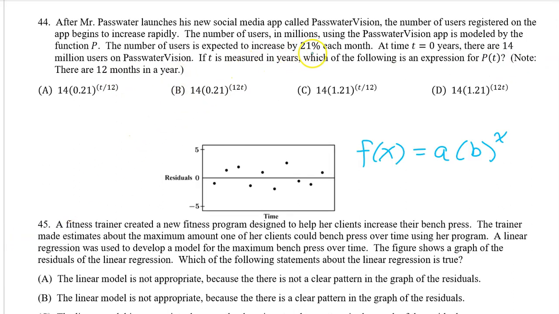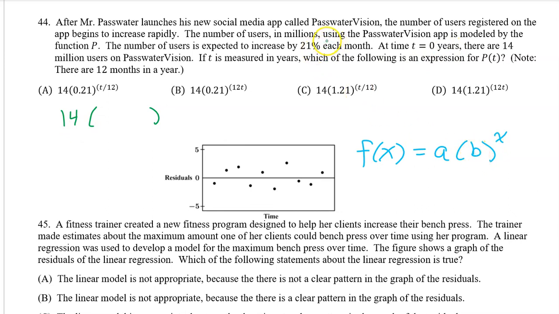Increasing by the same percentage each month is exponential growth. Here is the general model for an exponential function where the a value represents the initial amount, and there are 14 million users at time t equals 0 years. So let's put the 14 million right there. The b value is the common ratio.